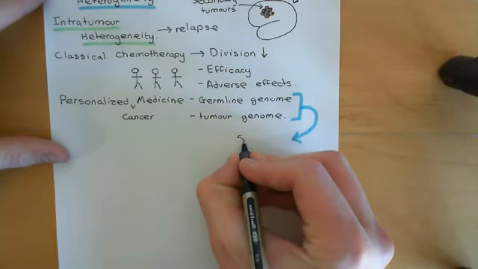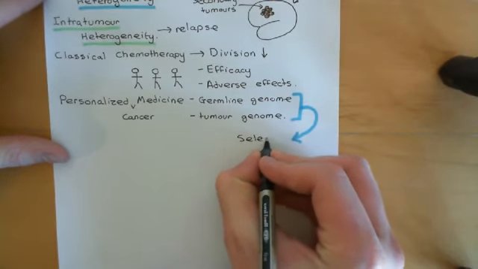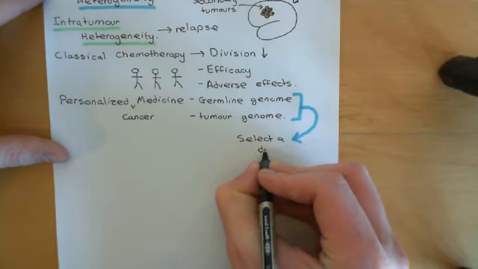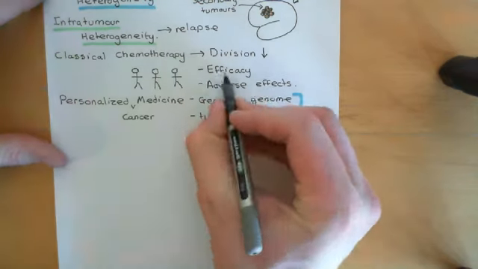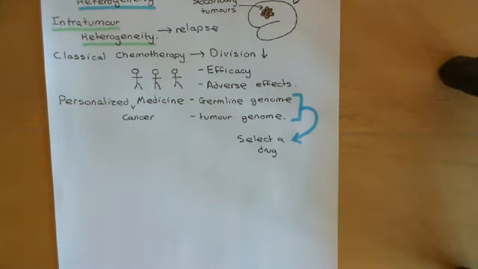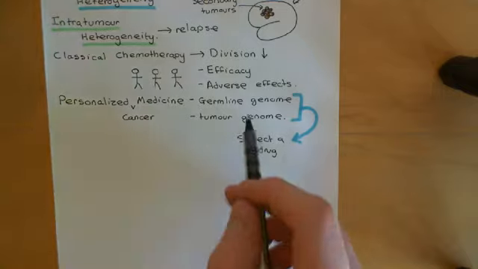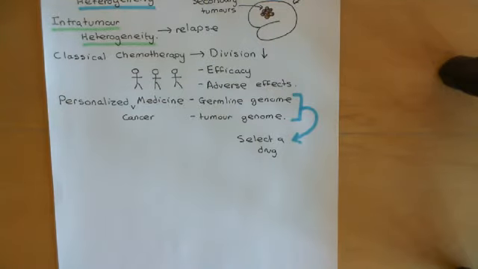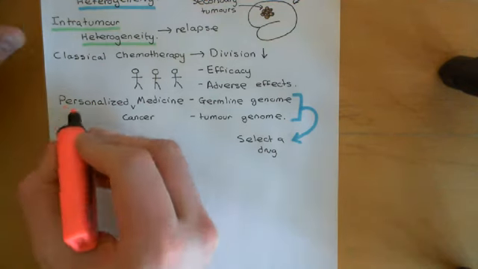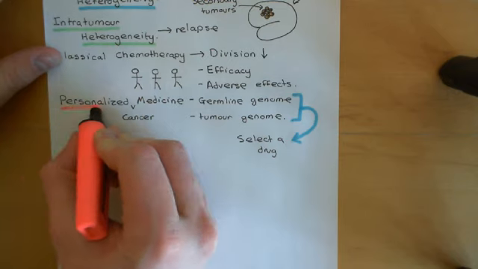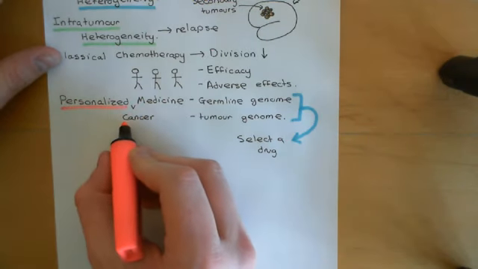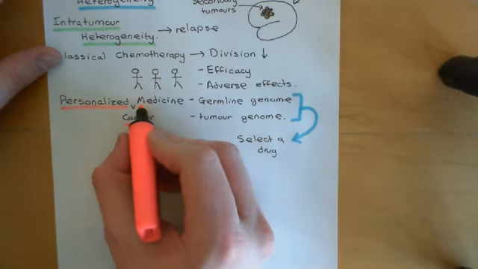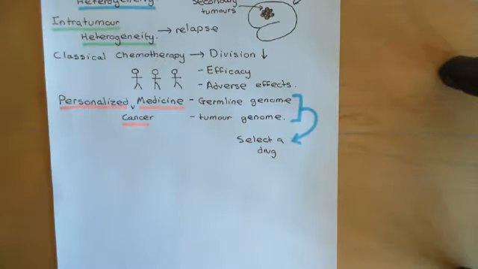So the idea is that from this information we would then be able to select a drug which is going to have efficacy, that is very effective at killing the cancer cells, and also has few adverse side effects. Now obviously we are not there yet, it is an aspiration as of yet. We can't do this yet. However, there are examples of where we are starting to see personalised cancer medicine coming into being.